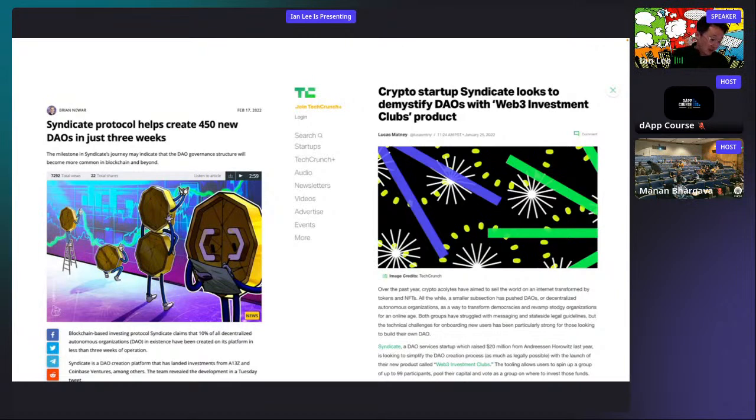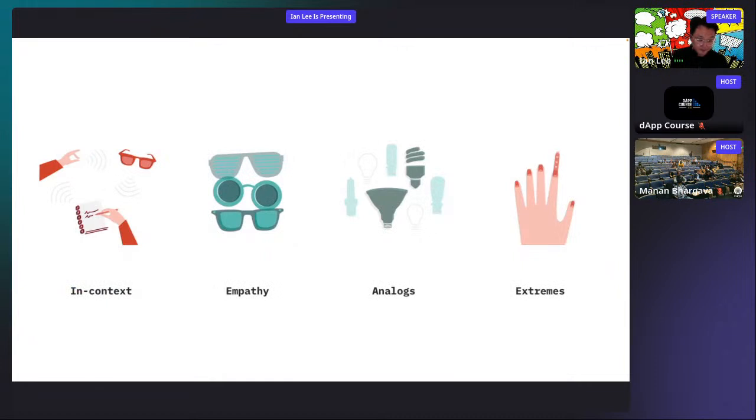Best estimates are that we're well over 10% of all DAOs in Web3 at this point. And obviously that traction has started to help us gain a lot of momentum with partnerships, investors, other customer groups and things like that.